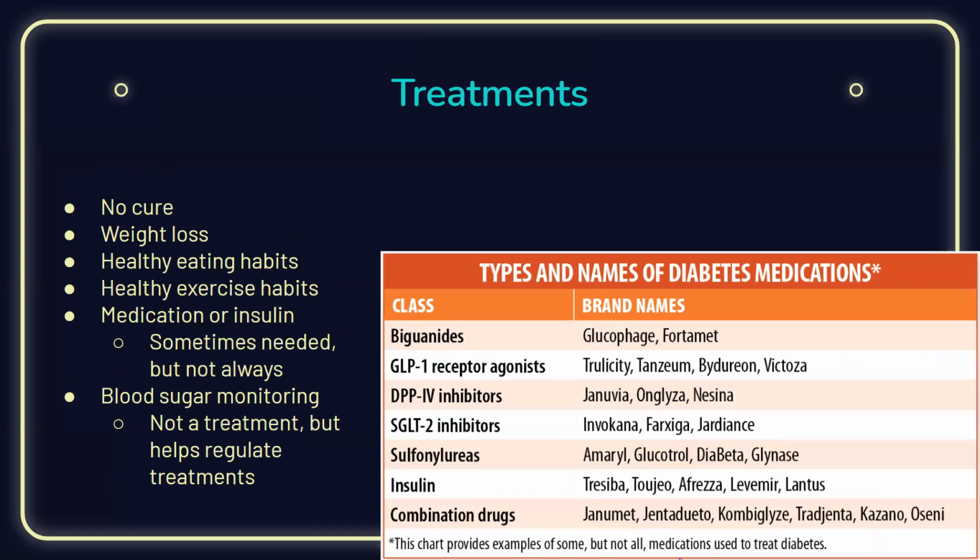So some treatments. Again, there's no cure for this, but there are ways for you to get yourself to the point where you don't need to be on treatment methods. Some different treatments would be weight loss. Of course, that has to be regulated by a doctor, and don't try to do that yourself.